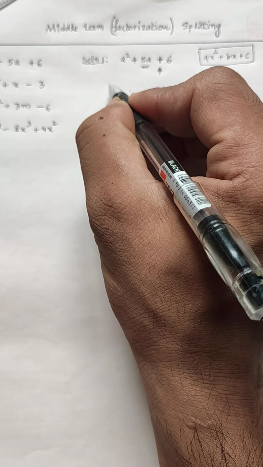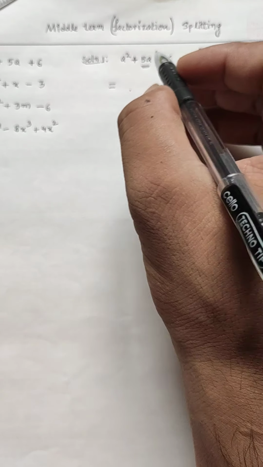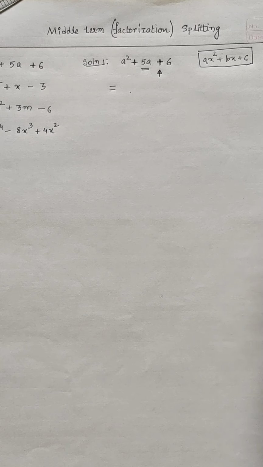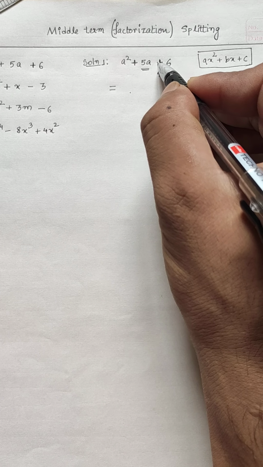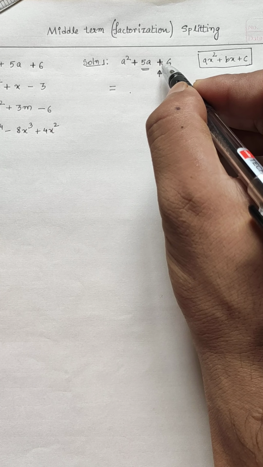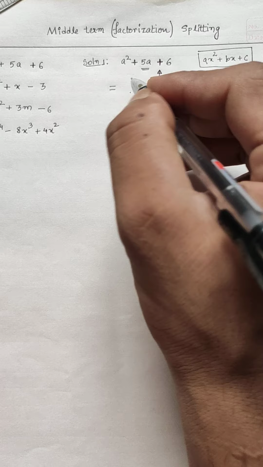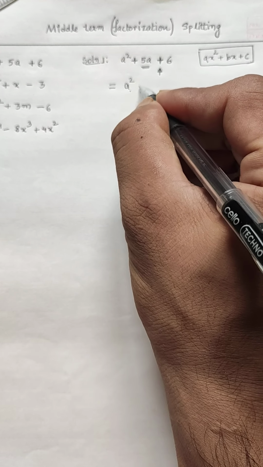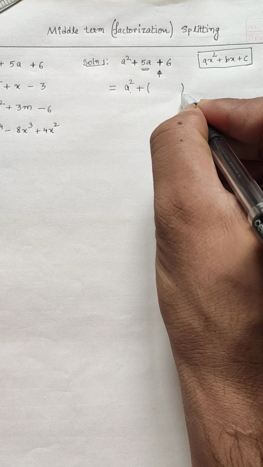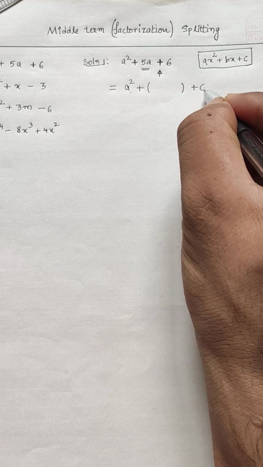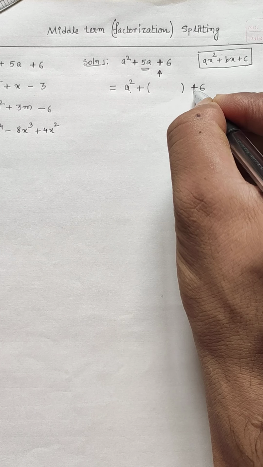So let's start solving. While solving, I already told you to keep this sign in mind. It may be plus or minus. For this question it is plus. So write like this. We will keep the bracket here and plus 6. Here is the plus 6.